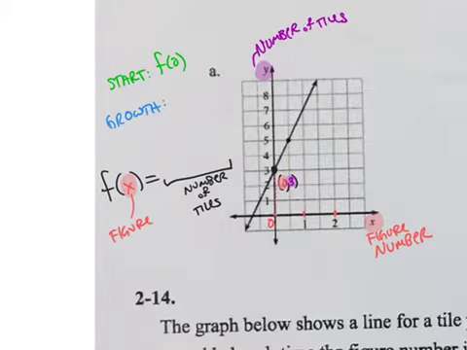And so this point 0, 3 represents that figure 0 has 3 tiles. In function notation, that would look like f of 0 equals 3. Again, that means figure 0, the x value, has 3 tiles, the y value.